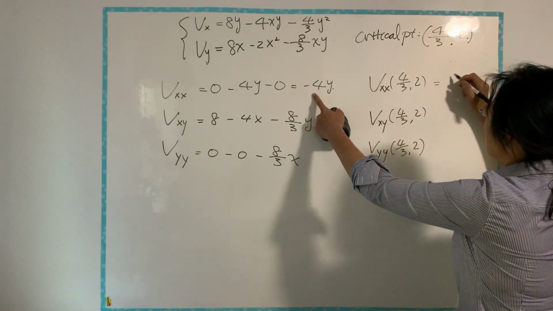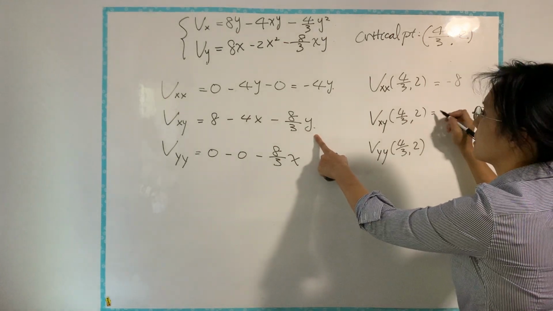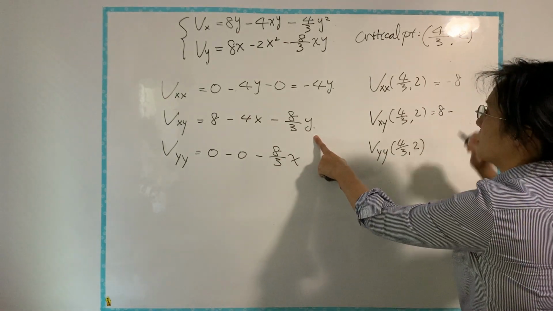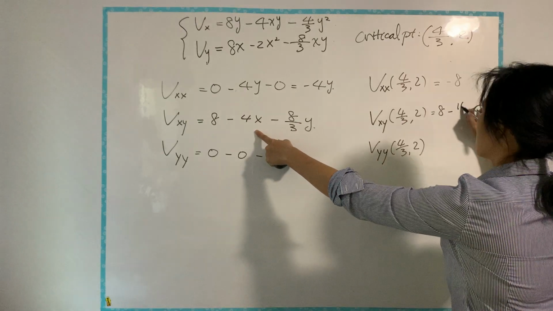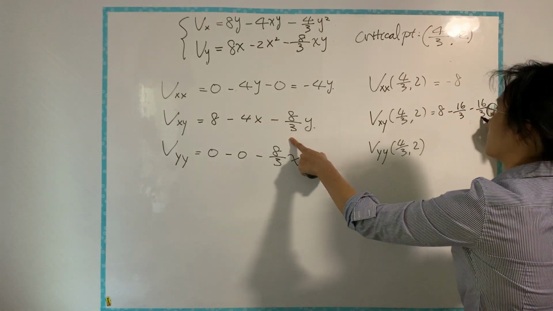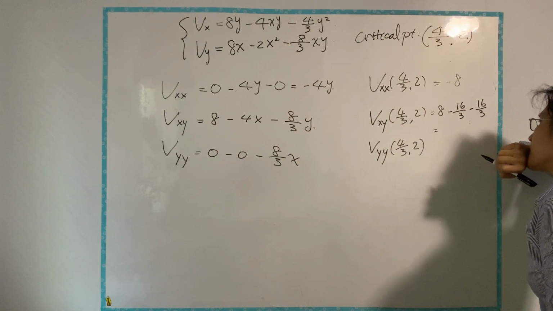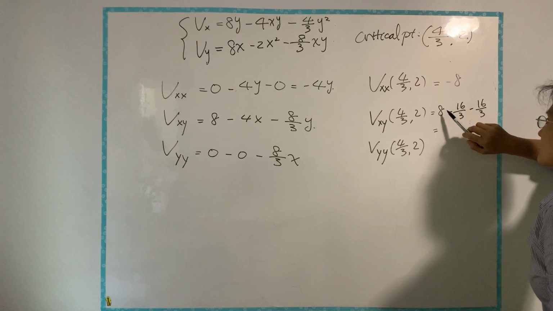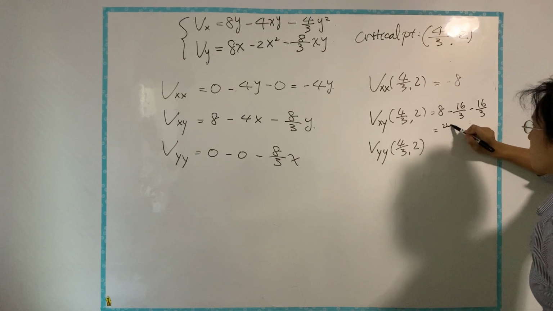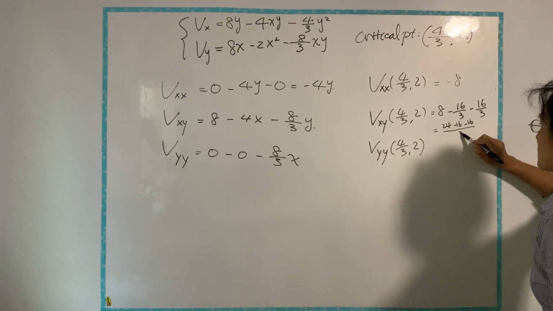Okay. I have minus 8 here. I have 8 minus 16/3 minus 16/3. So this gives me, what is that? 24 minus 16 minus 16/3.